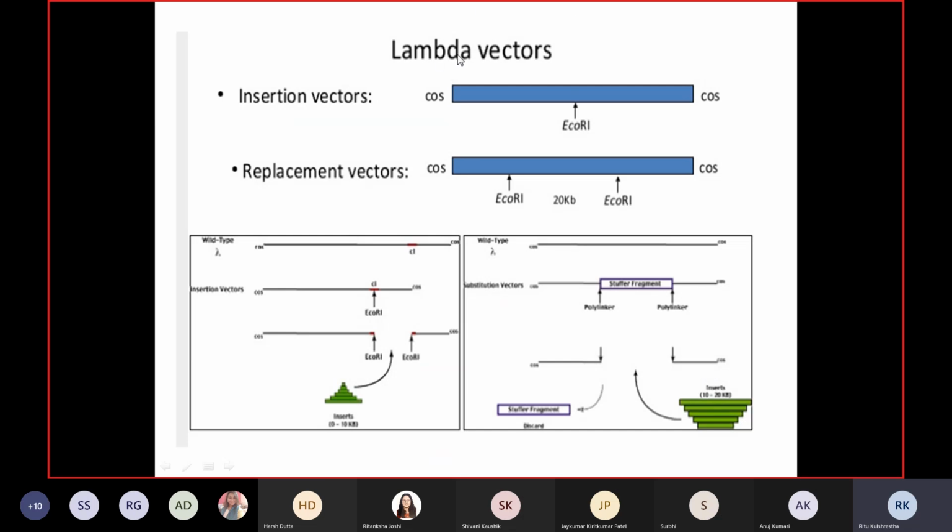Coming to these phage vectors, I've told you that 49 kb was the original lambda genome, of which around 10 kb has been removed, and these were used as insertion vectors. There is a single unique restriction enzyme site here, and as I told you before, their cloning capacity is around 10 kb.